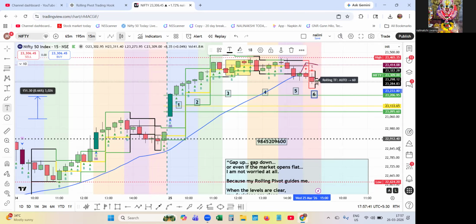Sometimes it will lose it after 12 p.m., 12 to 1:30. How many of you might have noticed that after 12:30, the market starts coming down? Okay, now I mark the 3 and 4 levels and let me find it on 15 minutes itself. Let me find, okay, 1 minute.